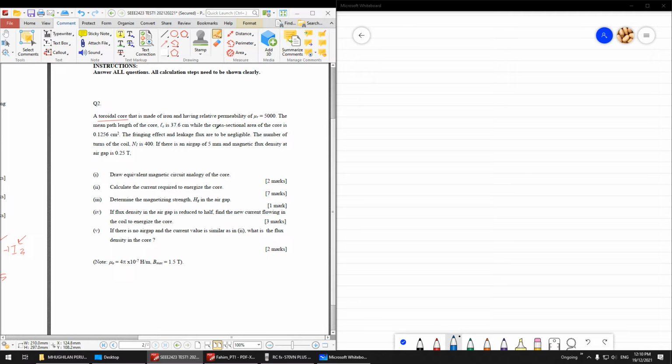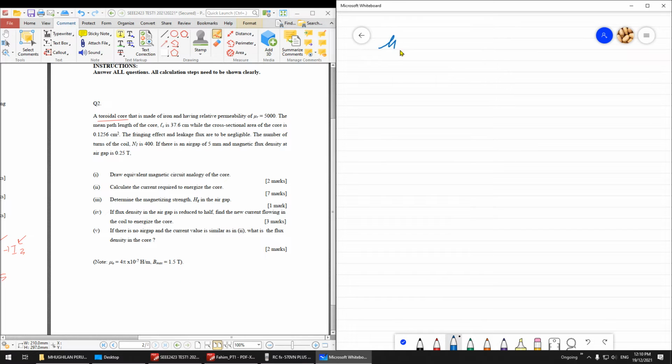So when it comes to question number 2, you have to know how to extract the information. So mu r is equal to 5000. The mean path length, or LC, is 37.6 cm. Of course, you have to convert this into meters, 0.376 meter. And then the cross section area AC is equal to 0.1256 cm squared, and of course convert it to meters.